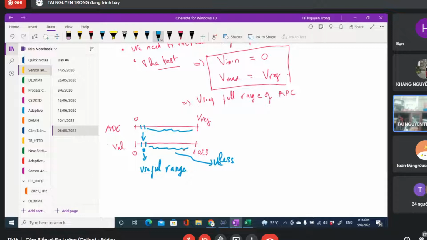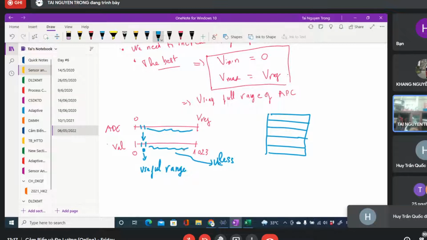Okay, it means that we have a house with 5 floors. I have a house with 1, 2, 3, 4, okay, we have 5 floors.